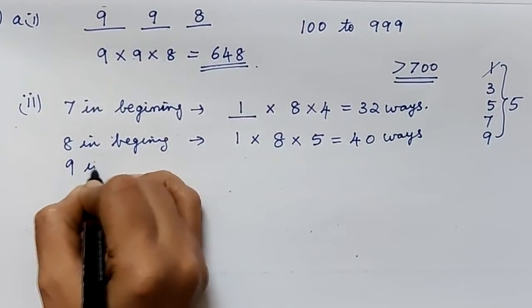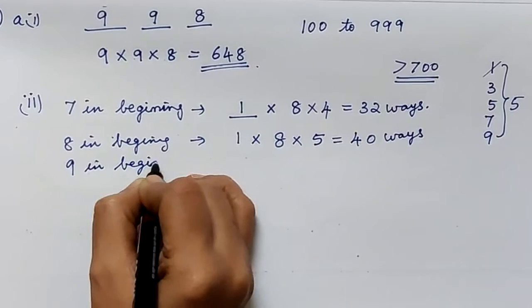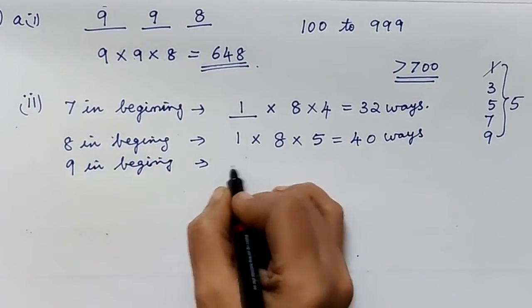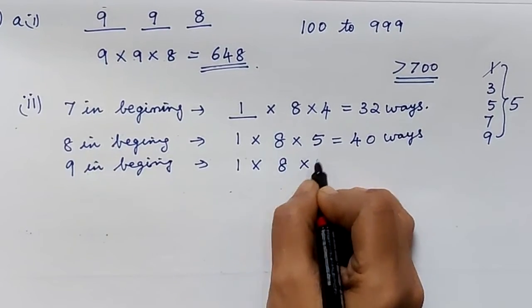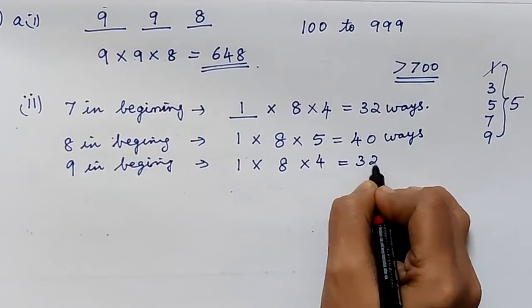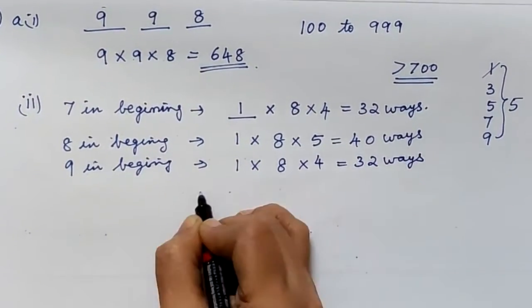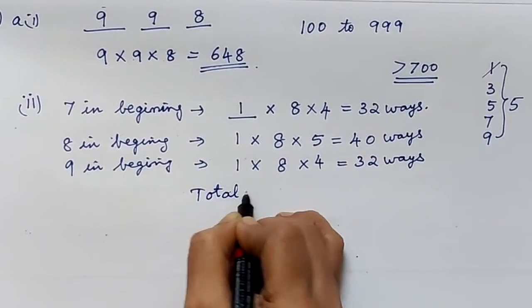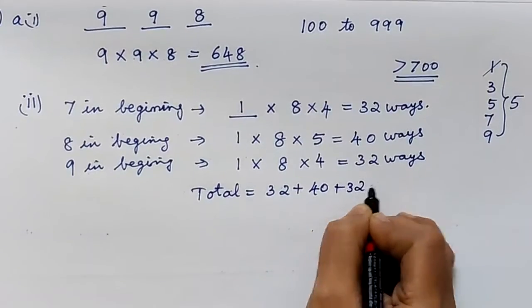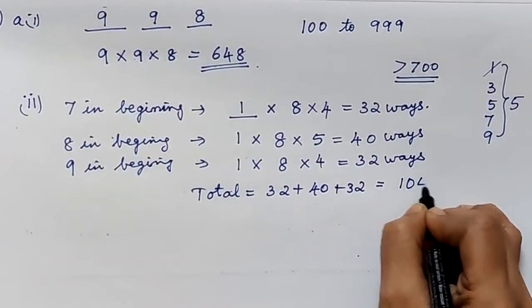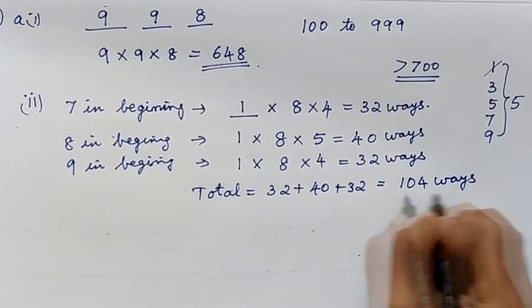Then 9 in the beginning, 1 into 8 into 4. So it will be equal to 32 ways are there. So the total number of ways will be equal to 32 plus 40 plus 32. All this when we add, it is 104 ways.